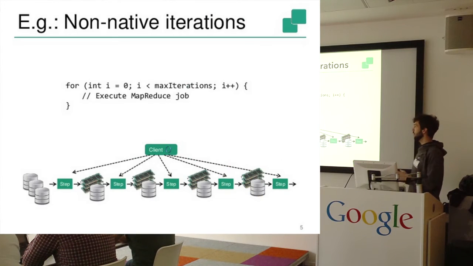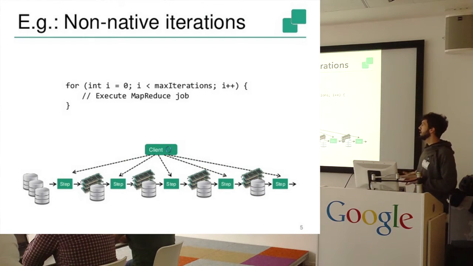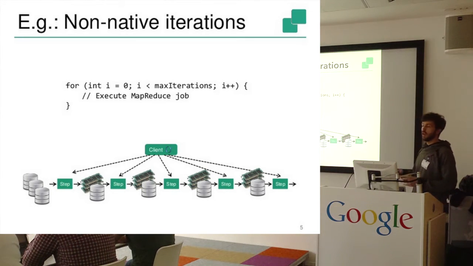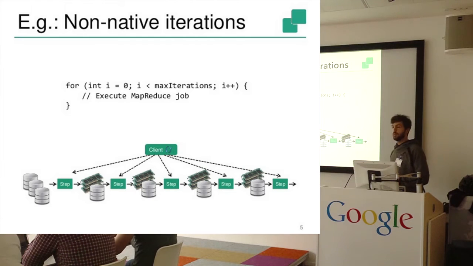So, for example, a non-native iteration in a data flow program would be that you have a for loop where you specify the maximum iterations and basically execute a job every time, deploy to the cluster and write to a file, and then repeat this behavior. And that is obviously not a native behavior.